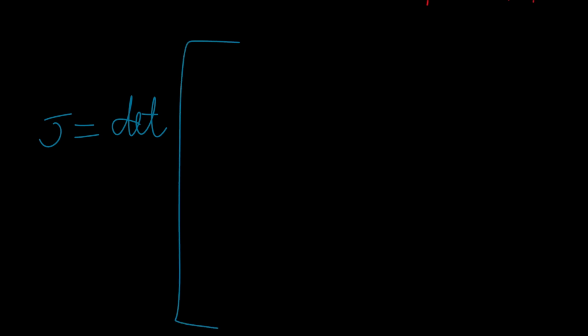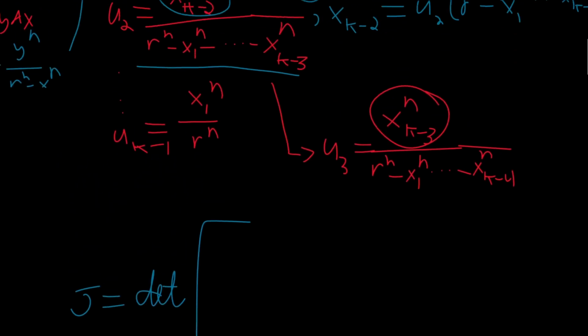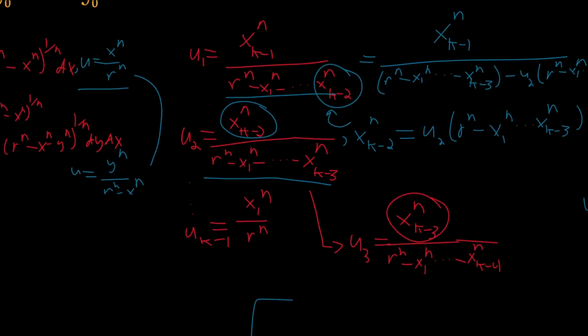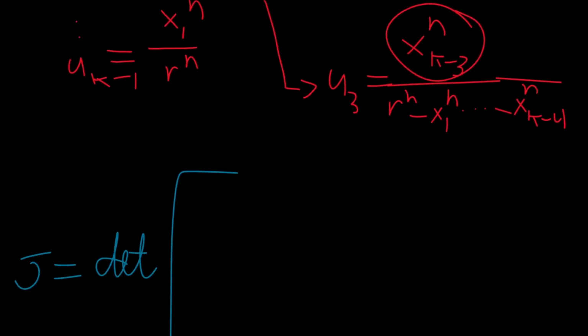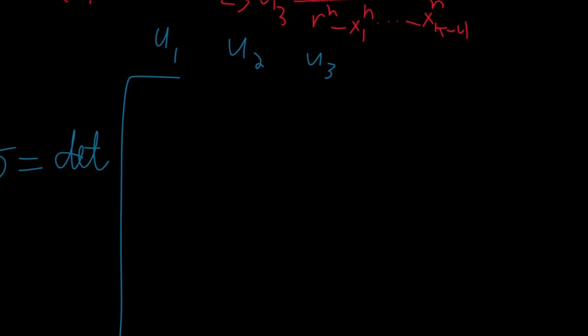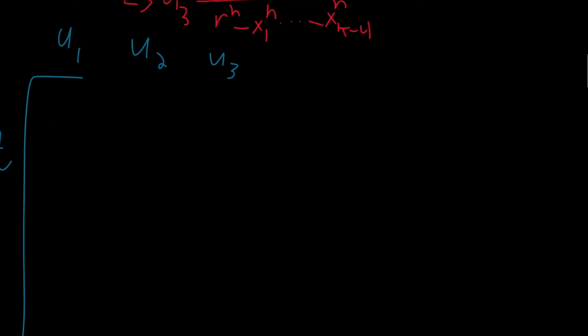So the way we're going to do that is construct our Jacobian, which is going to be the determinant of one really big matrix. This matrix has all of our u's, so u1, u2, all the way up to u_{k-1}, in each row. For example, this would be our column of u1, this would be the column of u2, u3, and then each row is going to be differentiated by a certain variable.